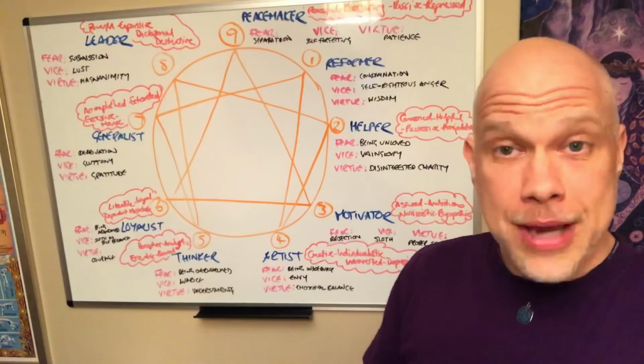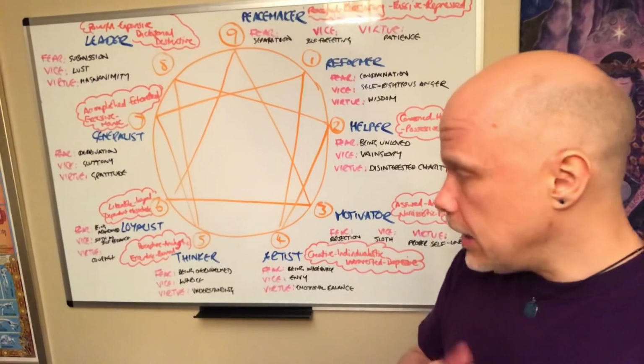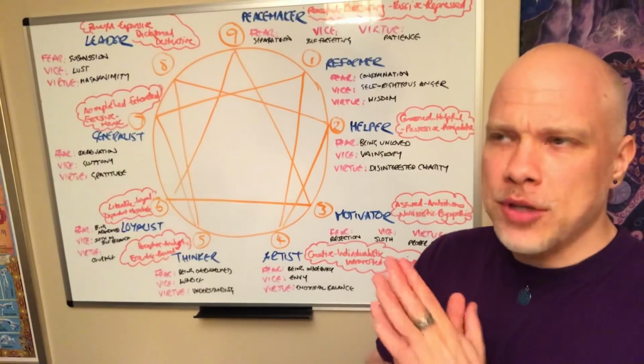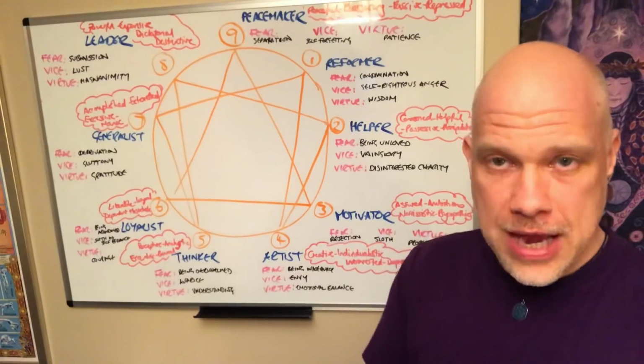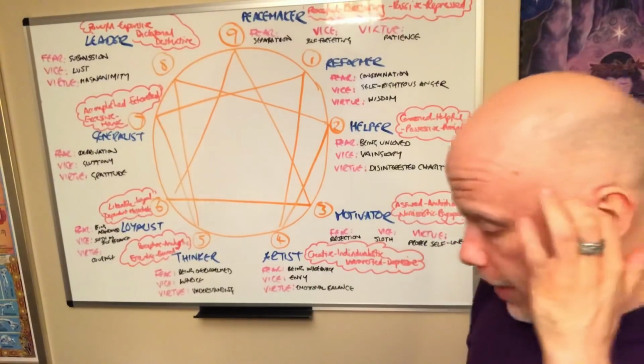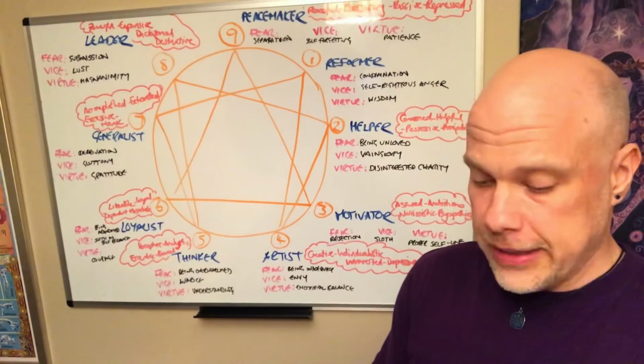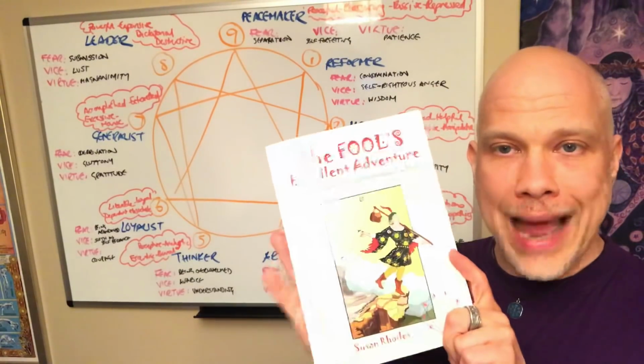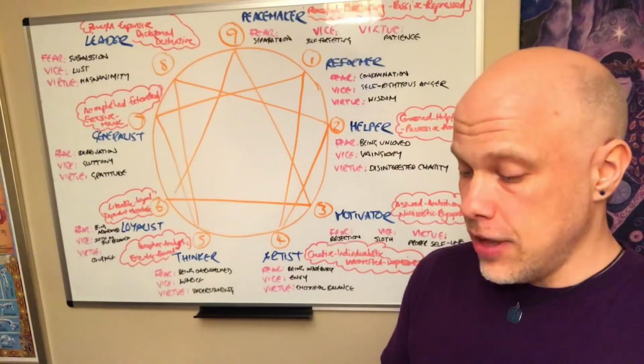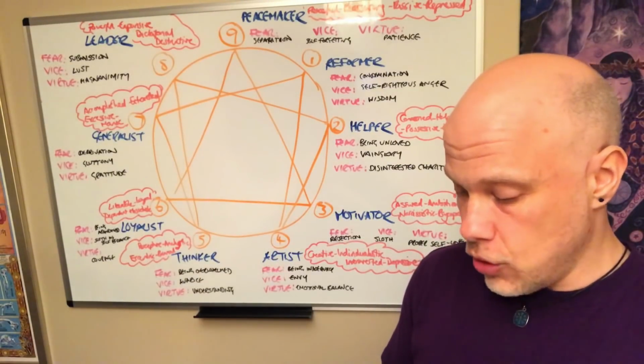I'm not suggesting that it's a major part of the series, partly because the Enneagram doesn't necessarily fit exactly with the Tarot constellations that we are going to be talking about. But the reason I wanted to include it is because I've been reading this very interesting book called The Fool's Excellent Adventure, A Hero's Journey Through the Enneagram and Tarot by Susan Rhodes.